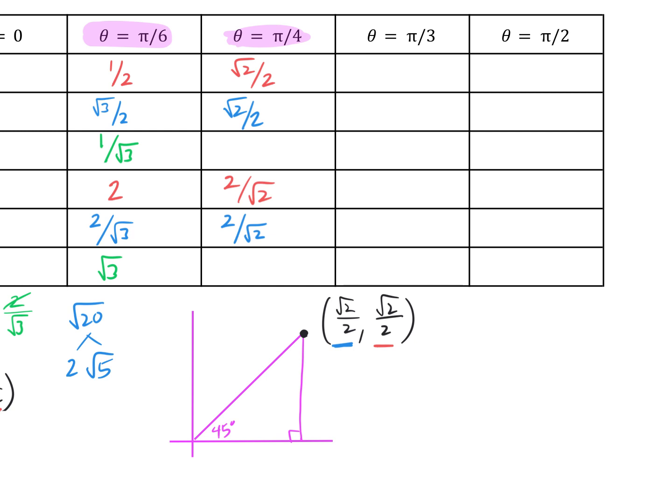And then for my tangent, tangent is your y value over your x value. So I'm looking at square root of 2 over 2 divided by square root of 2 over 2. What's that going to give me? 1. So my tangent is 1, which means my cotangent is also 1. The reciprocal of 1 is just 1.